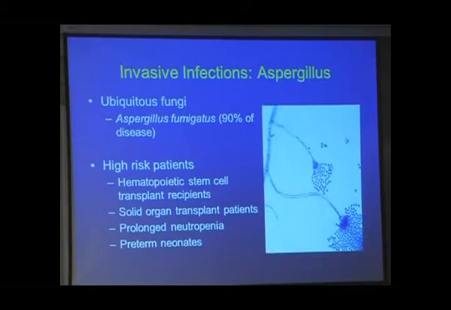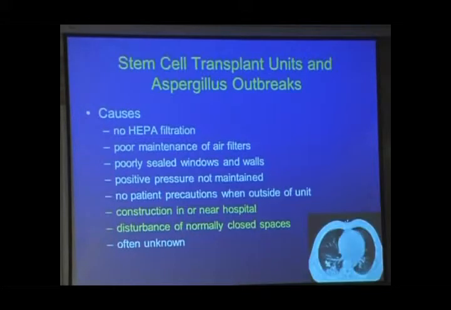But then invasive infections, Aspergillus, we talked about it. It's everywhere, that's what ubiquitous means in English. 90% of Aspergillus disease is caused by Aspergillus fumigatus. Immunocompromised patients are at the highest risk of getting these infections: stem cell transplant, solid organ transplant, patients with prolonged neutropenia, and preterm neonates.